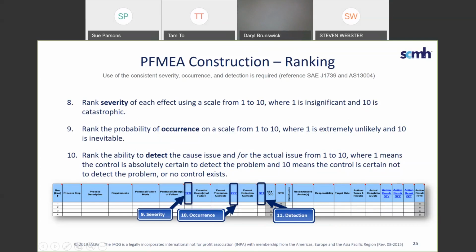Severity is ranked from 1 to 10, where 1 is insignificant and 10 is catastrophic. A 10 in severity says you have a failure that's going to cause bodily damage without warning, or significant failure without warning. A 9 is with warning. Not much difference there, but there is a difference.